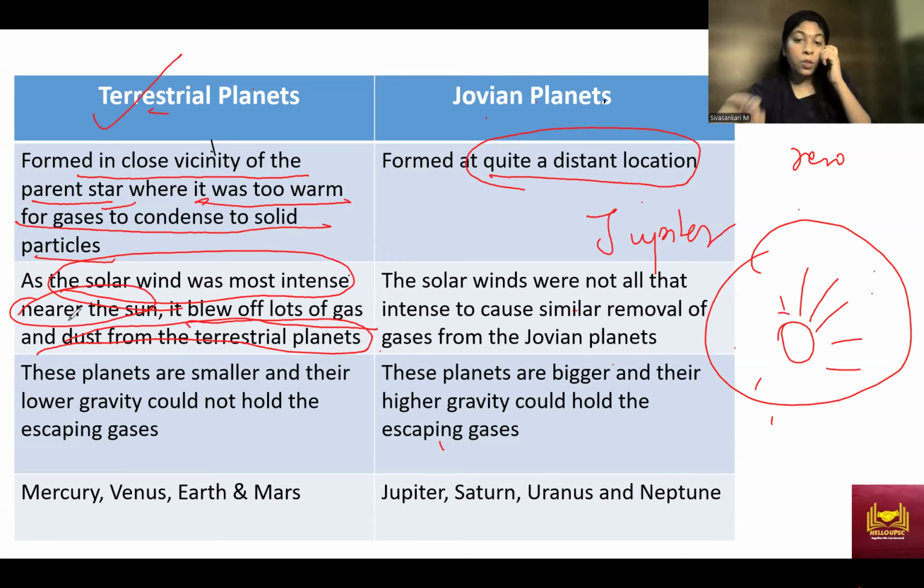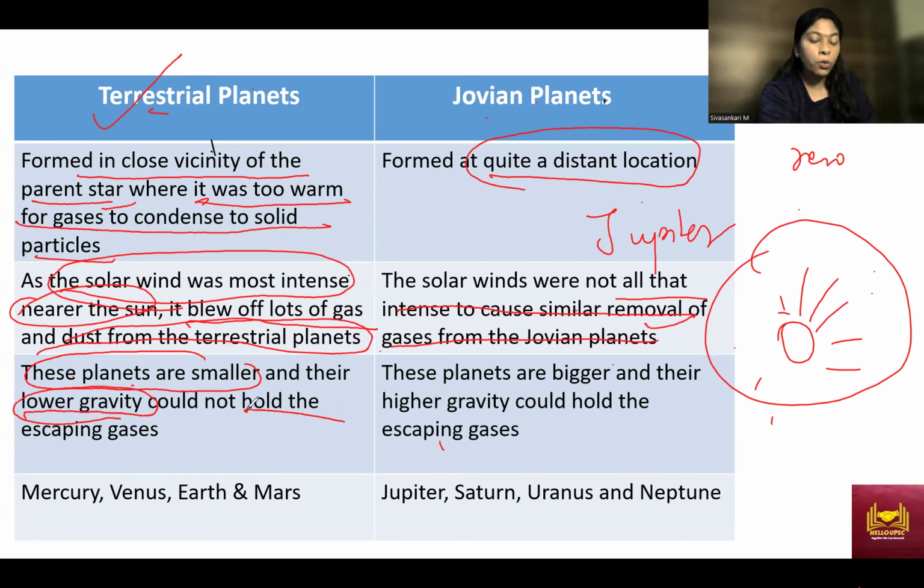The solar winds were not all that intense to cause similar removal of gas from the Jovian planets. These terrestrial planets are small, though not very, very small; compared to the Jovian planets, they are small. Their gravity is very low, and they cannot hold the escaping gases.